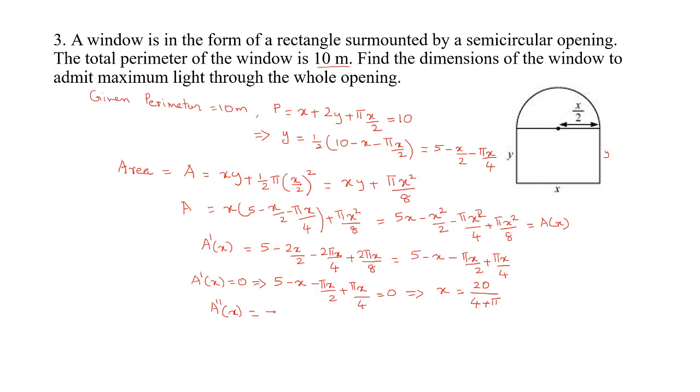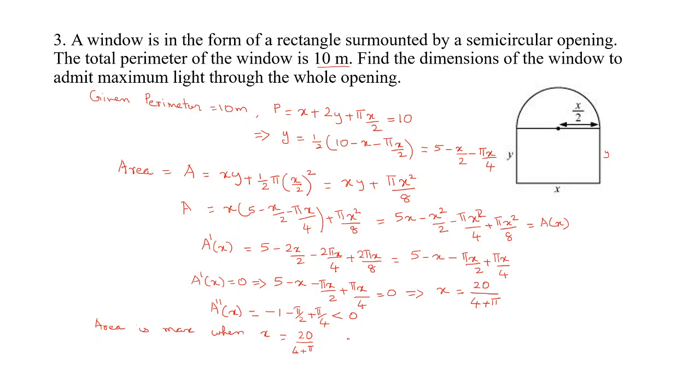So it will become minus 1 minus pi by 2 plus pi by 4. It is less than 0 because it is independent of x, so it is always less than 0. So that means area is maximum when x is equal to 20 by 4 plus pi.